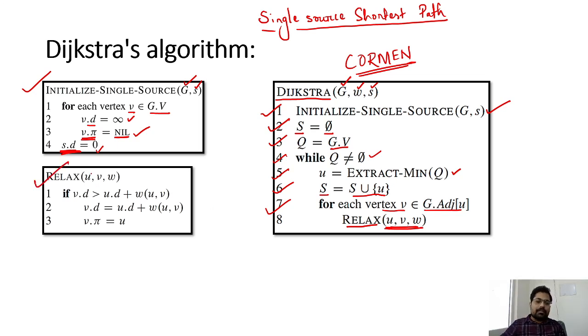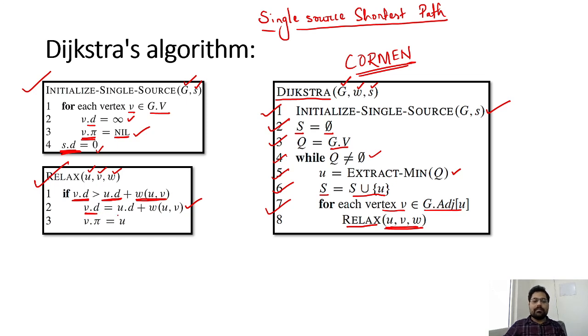So relax takes the source vertex, the destination vertex, and the cost or weight of that edge. The condition is: if v.d, meaning the distance of the destination, is greater than the distance of the source plus the cost of the edge connected to the vertices, and such a condition happens, then you have to update the value of v.